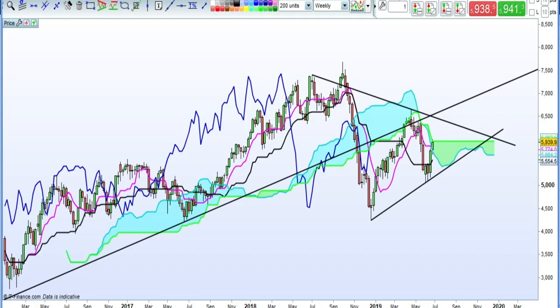I've also drawn a giant symmetrical triangle, which is totally Western, which is a consolidation phase. We don't know which way it'll break. My hunch is that it's going to be to the downside because my clouds are pointing down now. Right. Okay, they're not working very well because do you see how skinny they are? Yeah.